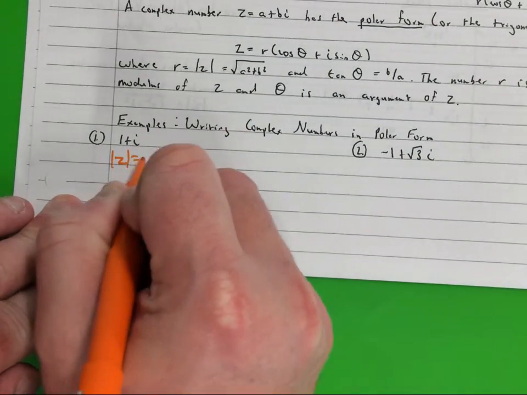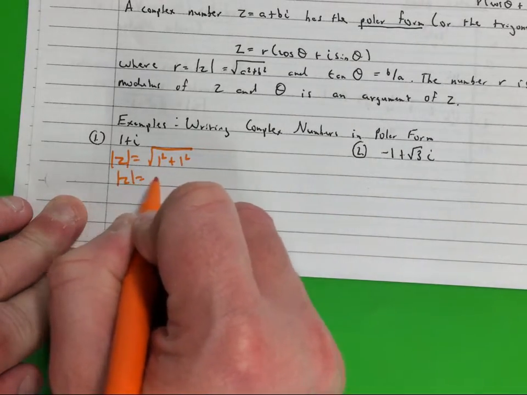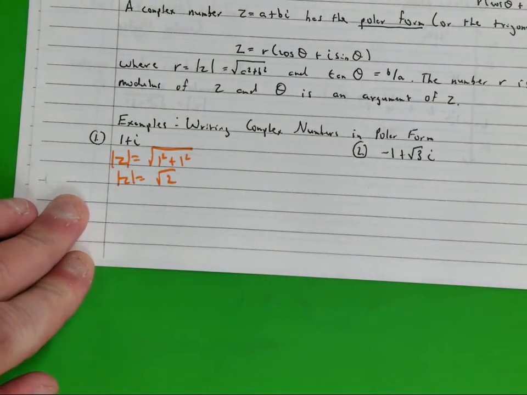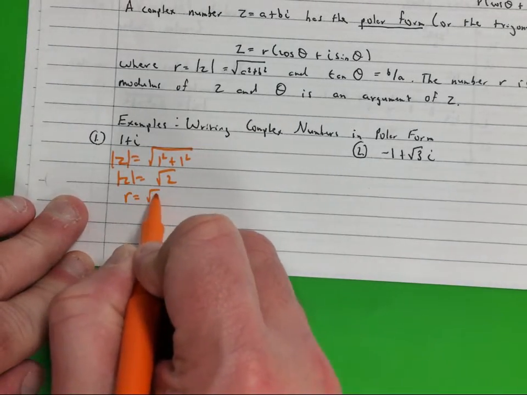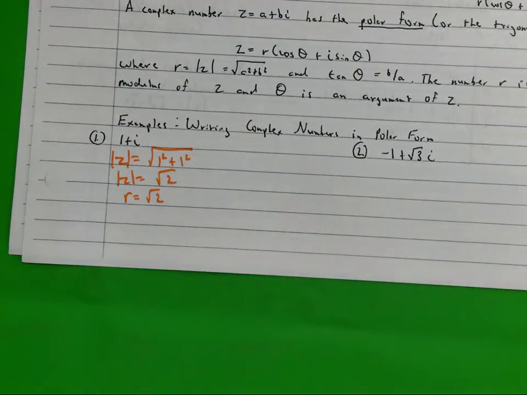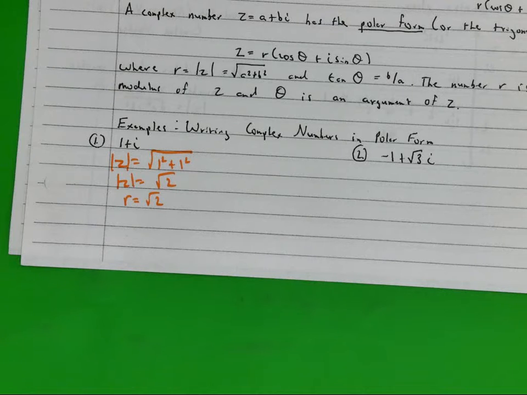That's 1 squared plus 1 squared. The modulus is square root of 2. Since that's the modulus, that is also my r. Now I need my theta. You know theta was y divided by x, wasn't it?